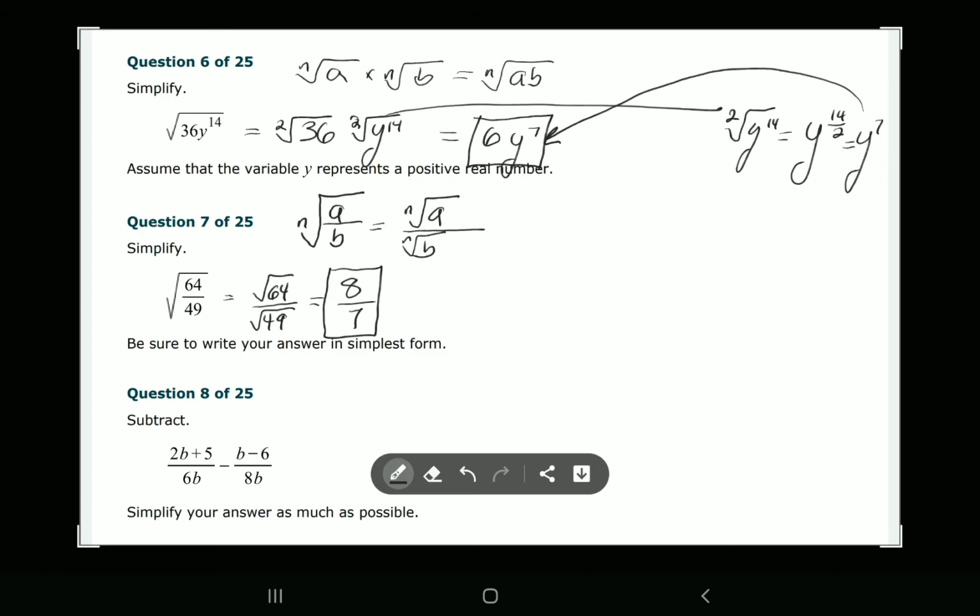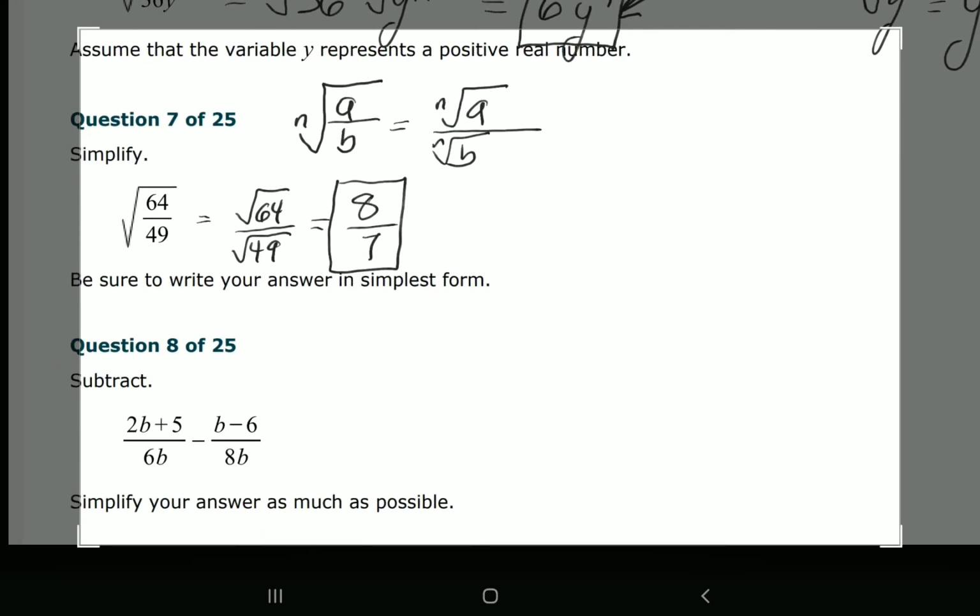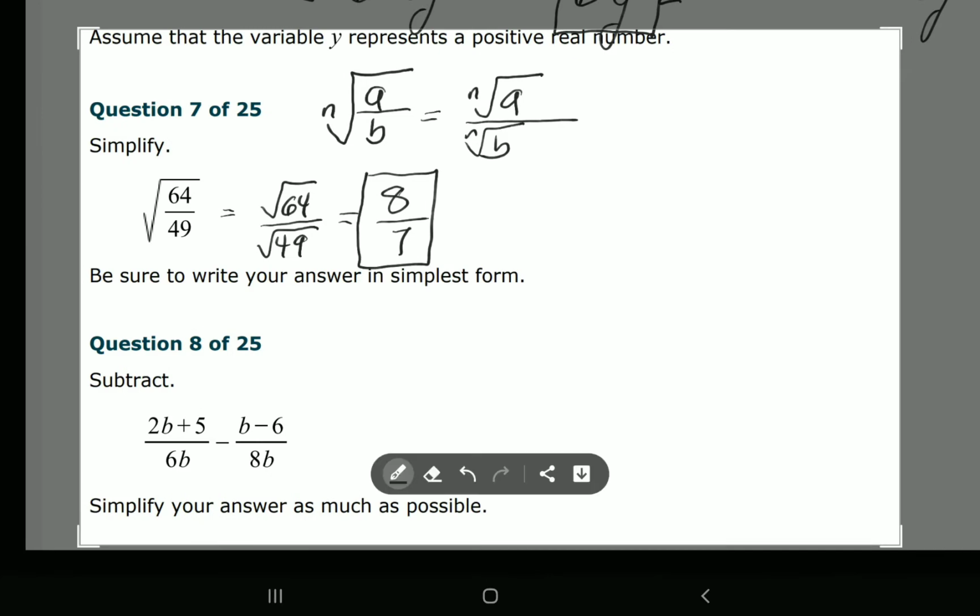The last question, we want to subtract. And let's zoom in a little bit more. Subtract 2b plus 5 over 6b with b minus 6 over 8b. As I said in the first video, when you have subtraction between rational expressions, put the second set in parentheses.